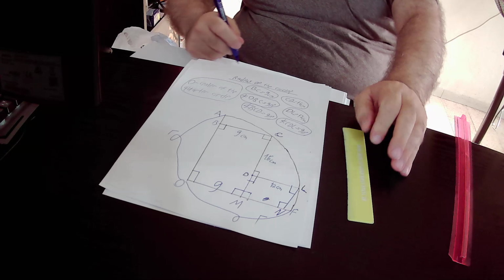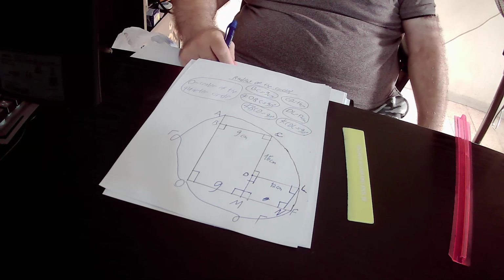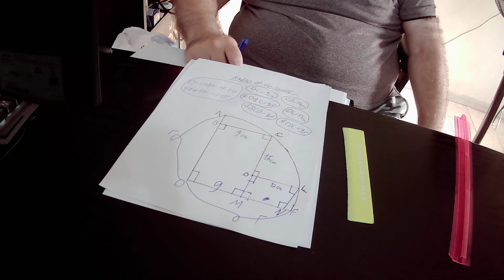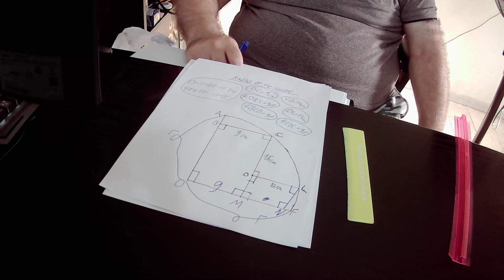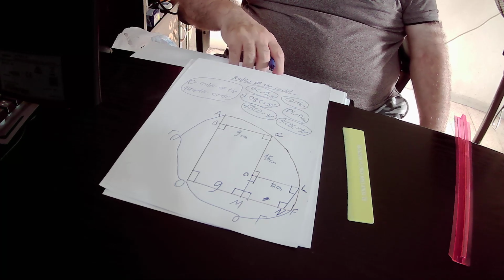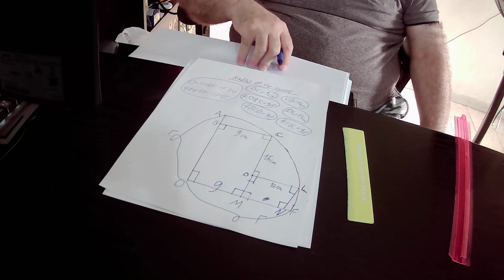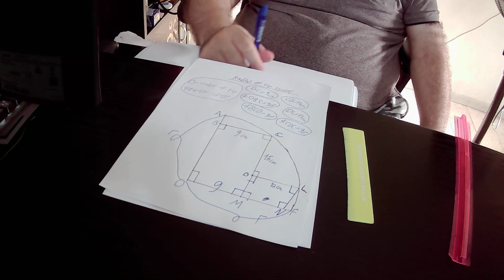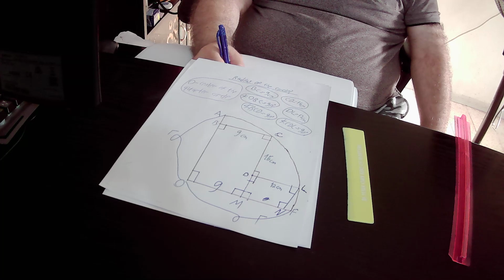Therefore, we found out that inside quadrilateral DLMN, we have 4 right angles, and any quadrilateral that has 4 right angles must be at least a rectangle, if not a square.